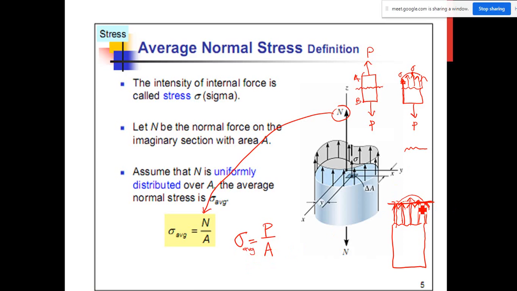But in reality, the stress distribution inside the material is not uniform. Some points in the material may have a higher stress value compared to other locations. So please remember that one.